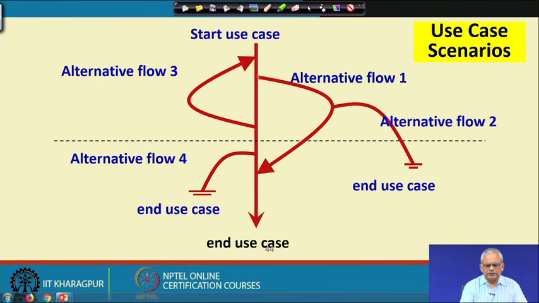Sometimes the user enters 2000 rupees and then it asks for a printout and so on, but then the system generates a message out of cash and it terminates. Sometimes it proceeds and the amount is entered and it says that the account does not have sufficient balance and it ends and so on. So, the main line scenario is the typical interaction sequence between the user and the computer.